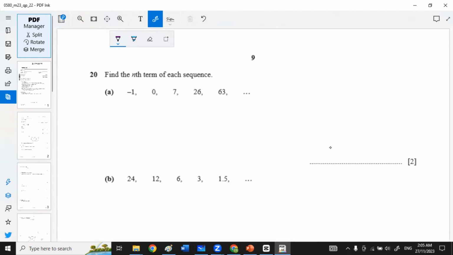Question 20. Find the nth term. Again, it is a sequence question. So if you can recall, we have linear, we have quadratic, we have cubic, we have the geometric. Okay. First, find the common difference.